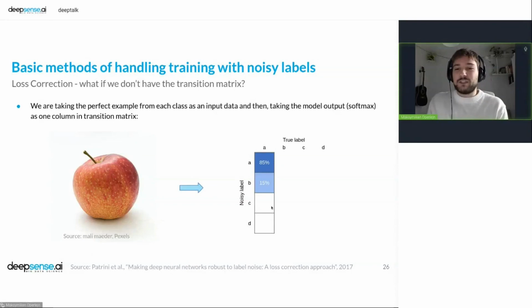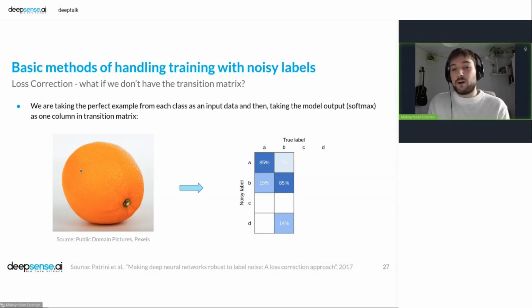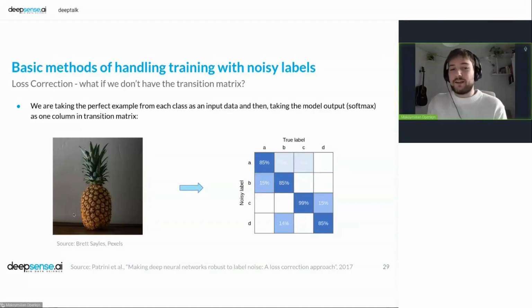So we can take this softmax output and use it as a column in the transition matrix. Here we have an apple, then orange, then banana and pineapple, and at the end we will have the matrix. Obviously, this method is not perfect because it's not easy to estimate it. It will improve the results, but still it's not a perfect scenario.